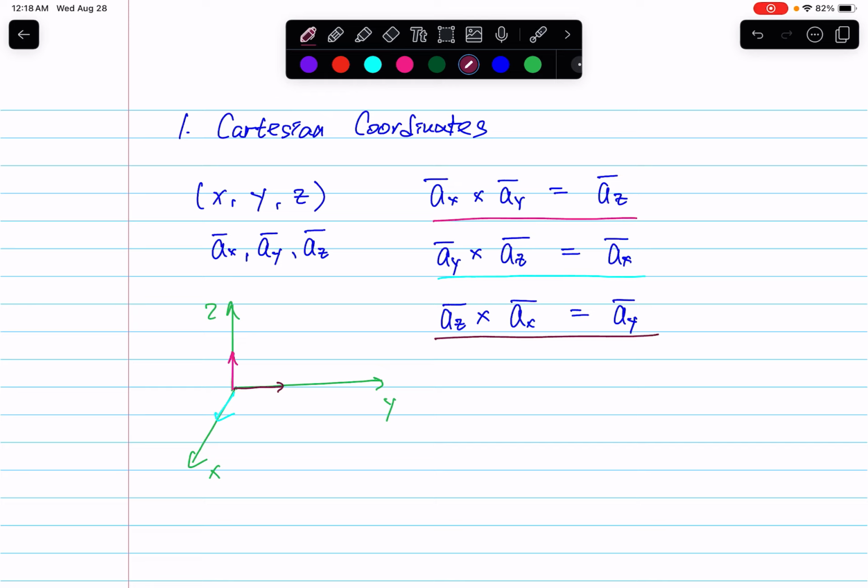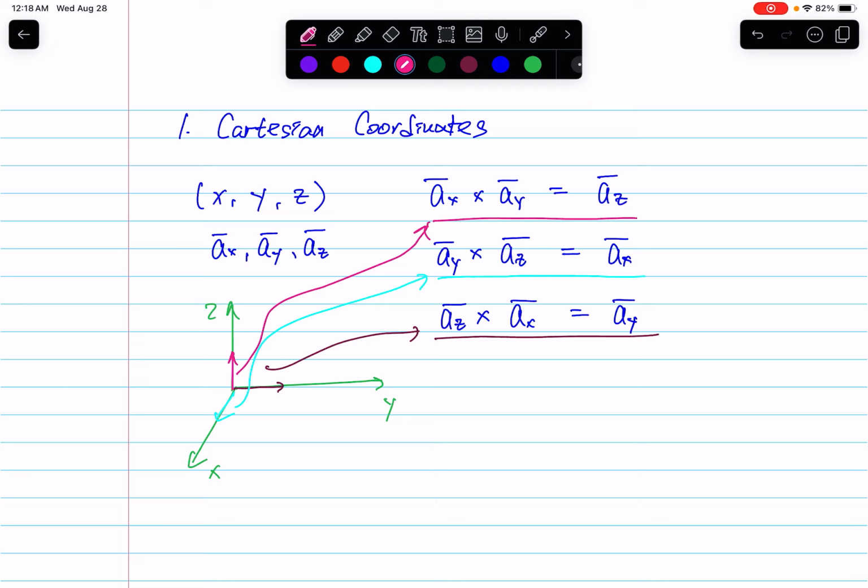Maybe it's a brown color. But now you can see how the right hand rule is applied visually.